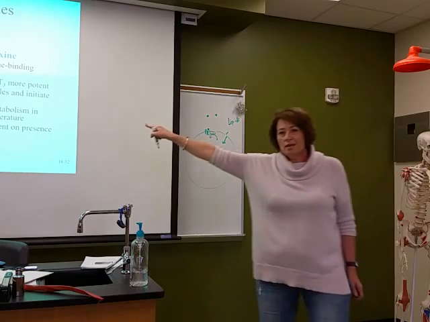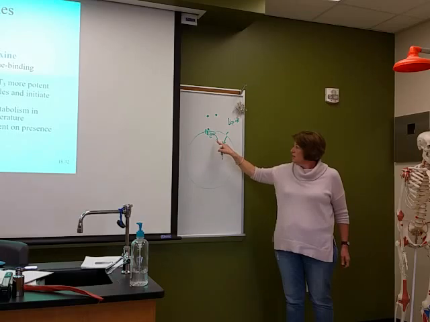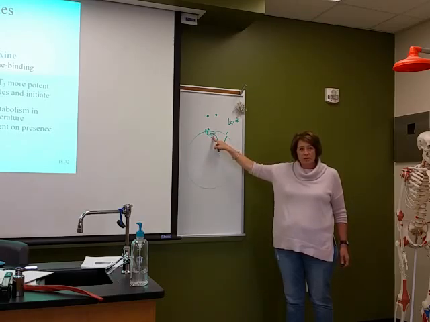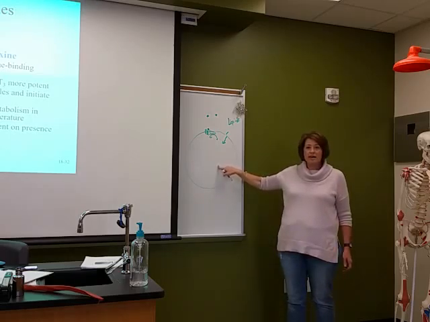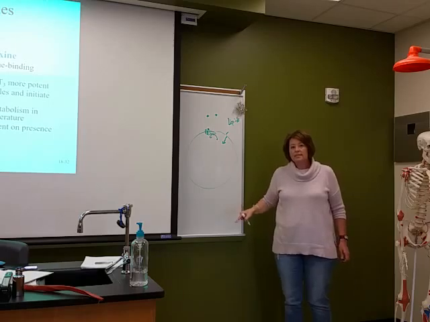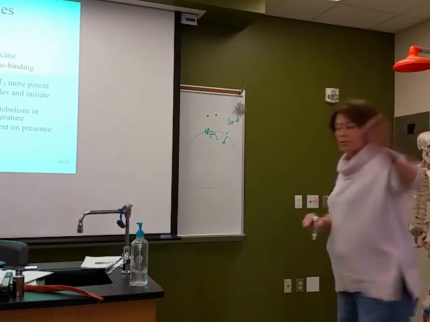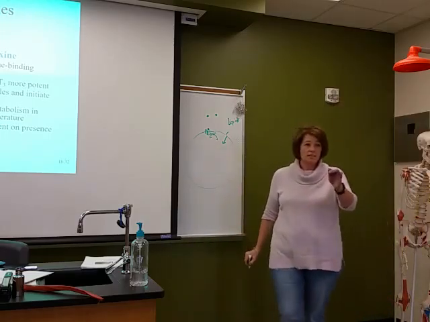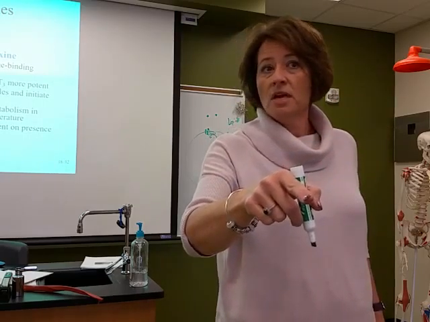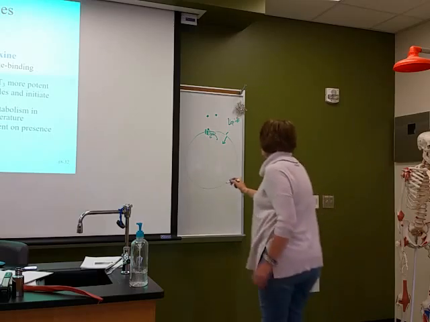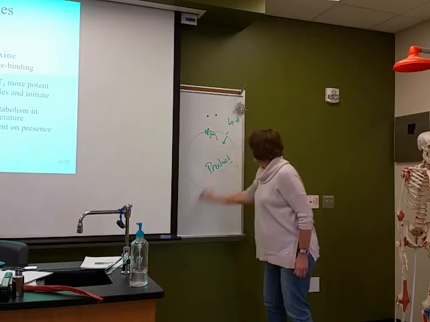So, if we can bind that thyroid hormone to this receptor, activate the G protein complex, I'm going to affect what is made by that cell. What is the only thing a cell can make? A protein. And proteins can function as an enzyme. Is that correct? So now I'm going to affect the product of that cell.